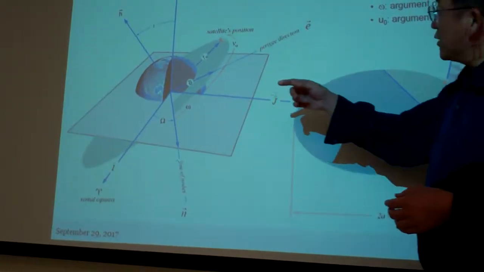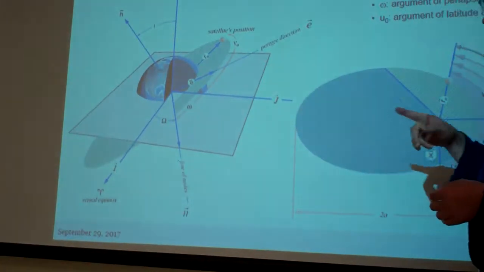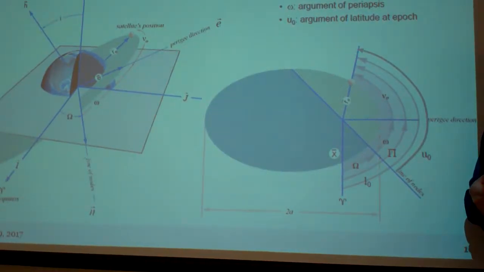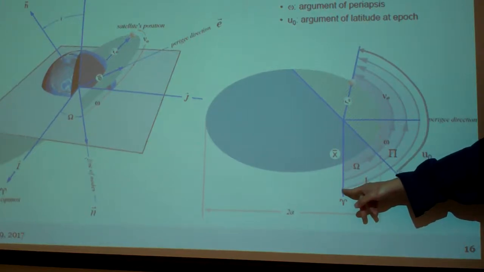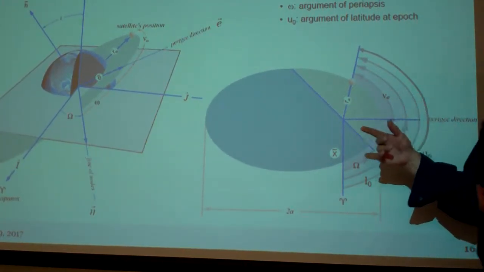And right now we have the object here. On that projection, I want to explain my feelings. You can see that in terms of the definition, L0 is simply measured from this axis to here on the projected plane.